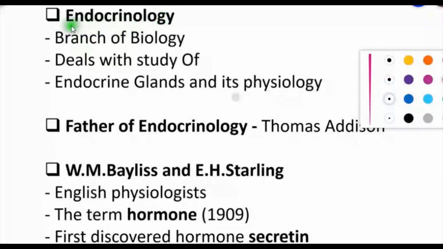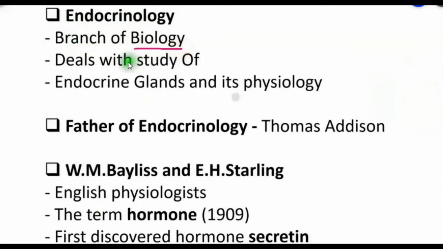Endocrinology is the branch of biology that deals with the study of endocrine glands and their physiology. The father of endocrinology is Thomas Addison.